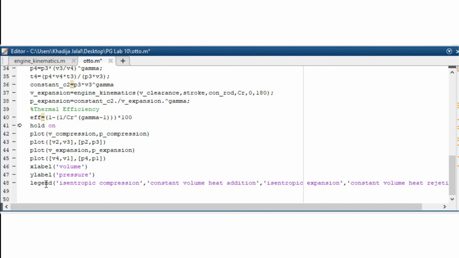By using the legend command, I have assigned a name for each plot: the first one is isentropic compression, then we have constant volume heat addition, then from state 3 to 4 we have the expansion phase, and then from state 4 to 1 we have the constant volume heat rejection phase.